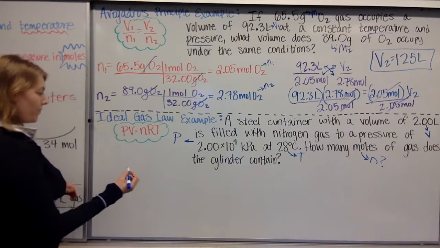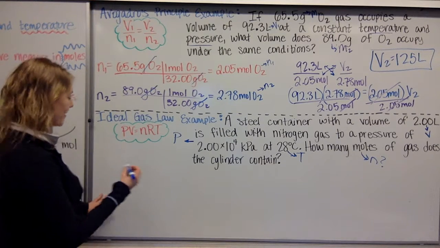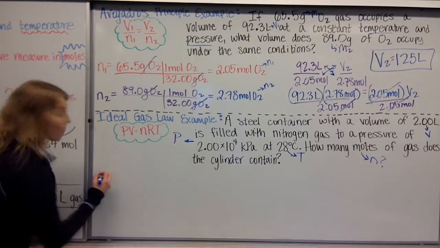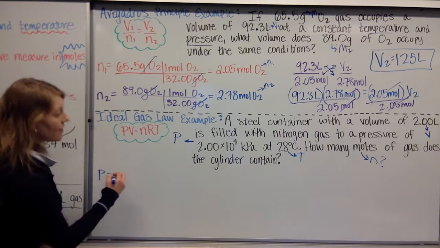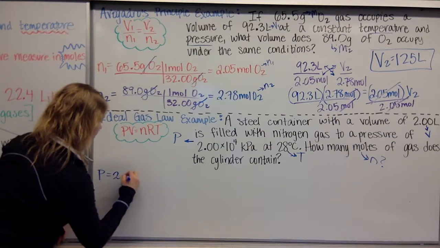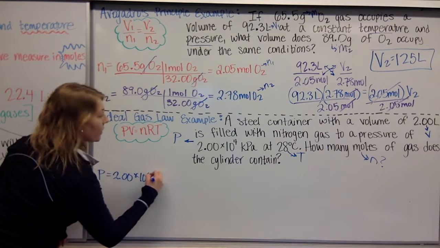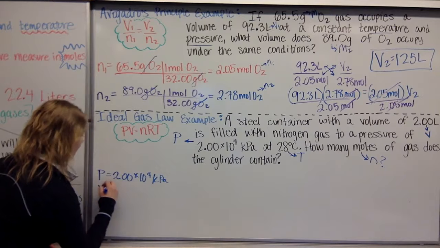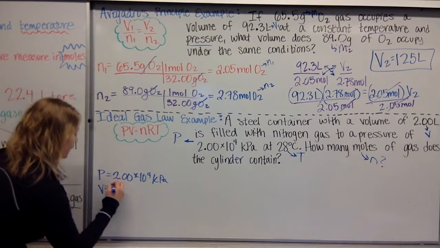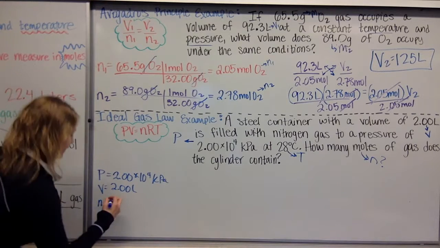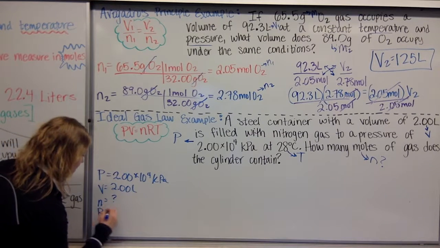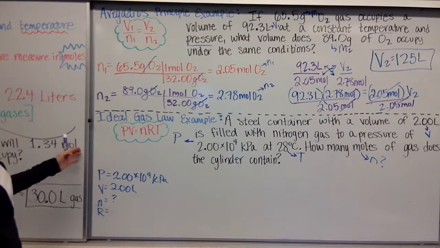All right, now just because I think it's a good practice, I'm going to put my variables list here. So P is equal to 2.00 times 10 to the 4th kPa. V is equal to 2 liters. N is what we're finding. R, we need to find our gas constant.